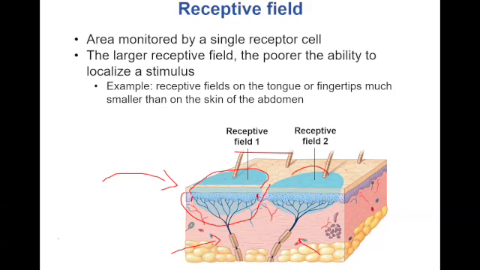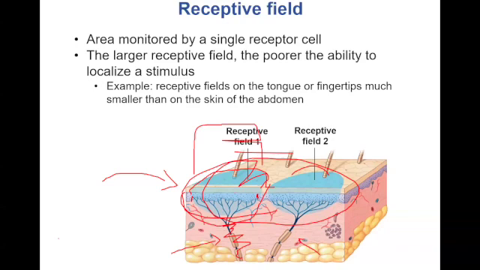Now, if you placed it in an area, for example, on your back, where the receptive field was very large, and you came in with a 2-point touch, and it was this far apart, and let's imagine this whole area is being monitored by just one receptive field. So even if you came in here with a caliper that was that far apart, you would still just feel it as one point.